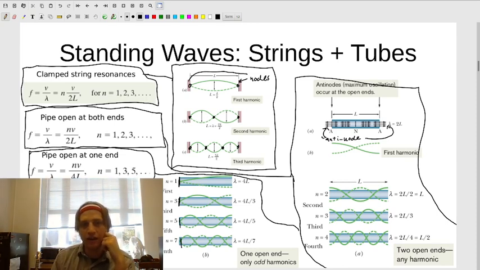And so, in fact, the waves that fit in there are longer than the waves that fit in the pipe with two open ends. So, for instance, if you take an open-ended flute and you put your hand against one end, it turns out that it will double the wavelength of the resonance frequency, and it will sound one octave lower.